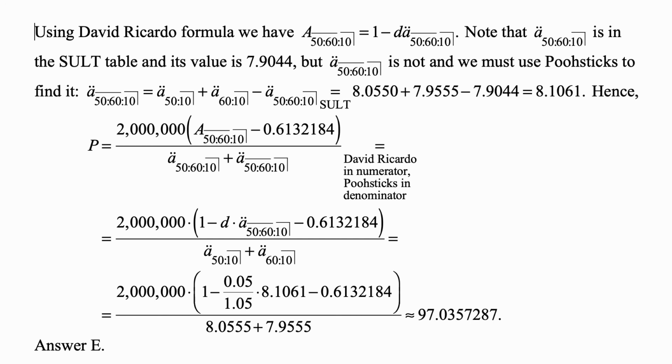We found the value of the annuity ä 50:60 with a bar above it, angle 10 to be 8.1061, and the two terms in the denominator are in the table, so we just look them up and plug them in. When we do the calculation, this comes out to be about 97.0357287, and that's answer E.